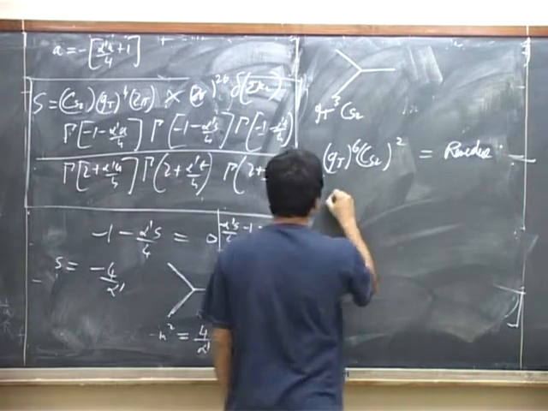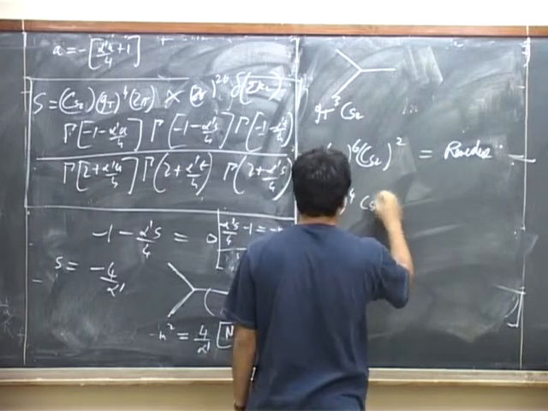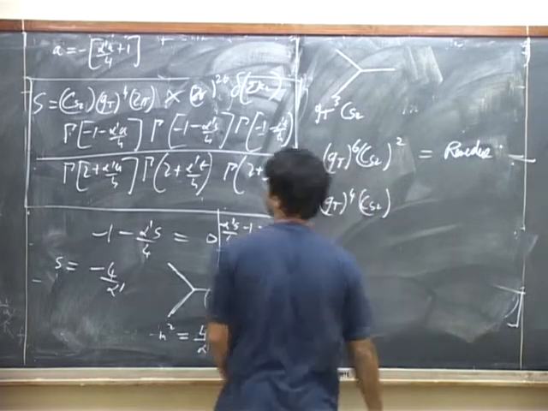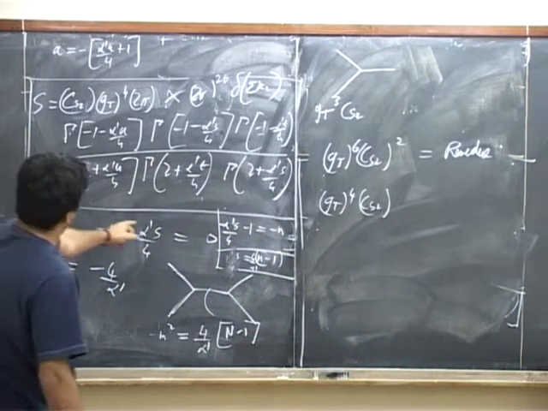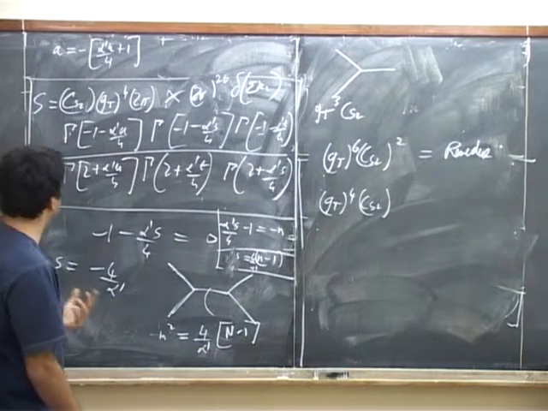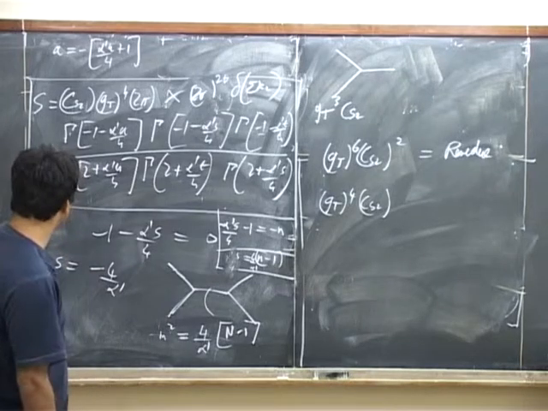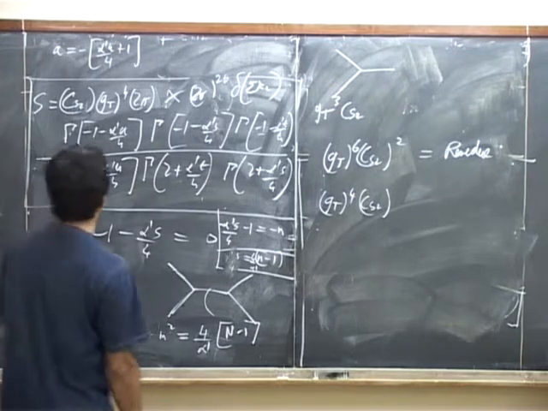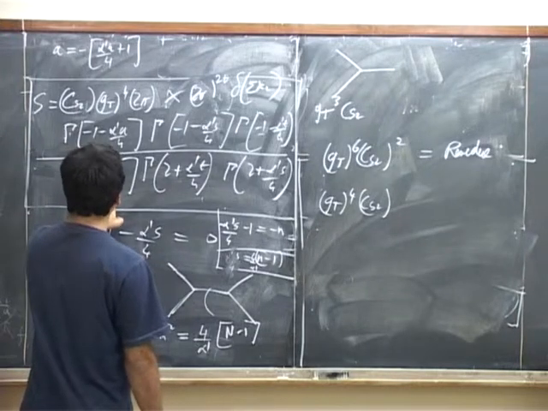We find for the residue GT to the 4th times CS2 times what? Well, we should plug in S equal to minus 4 by alpha prime into this. Okay, suppose we plug S equal to minus 4 by alpha prime into this. What do we get?